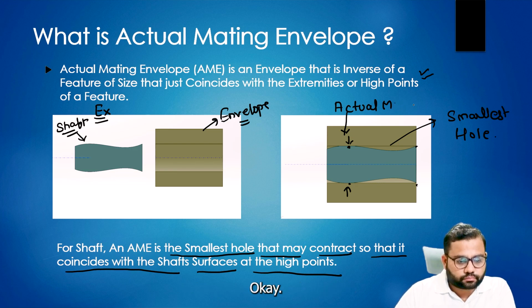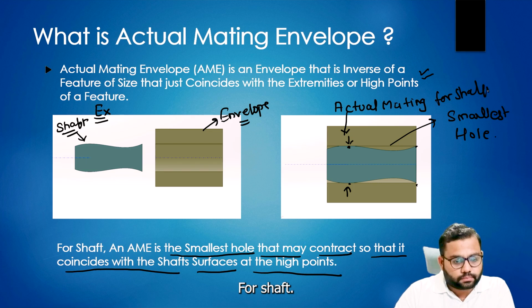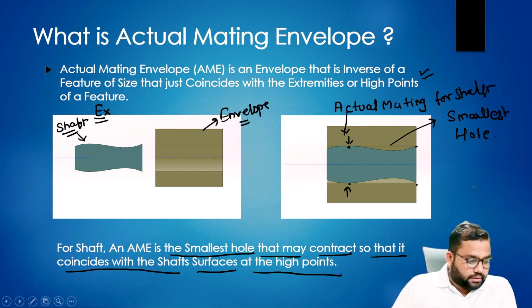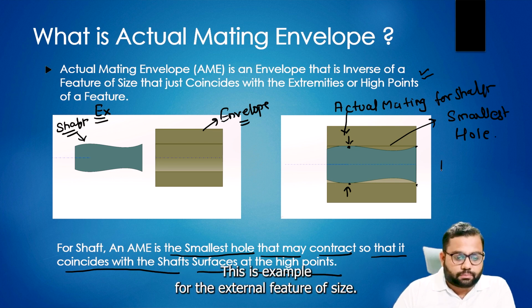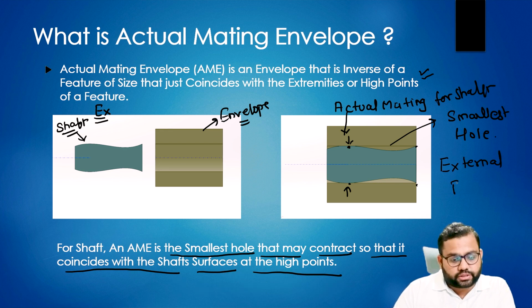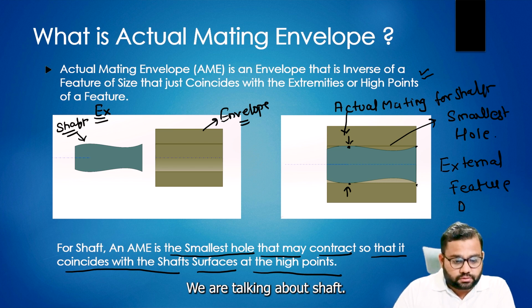In the previous case, it was for the internal feature of size. This is an example for the external feature of size. With external feature of size, we are talking about the shaft.